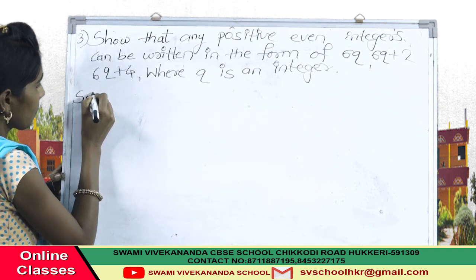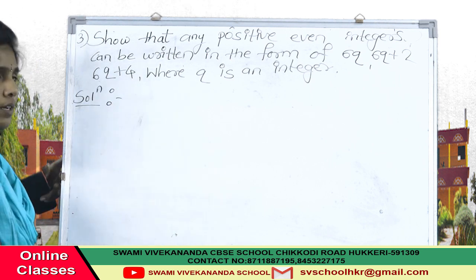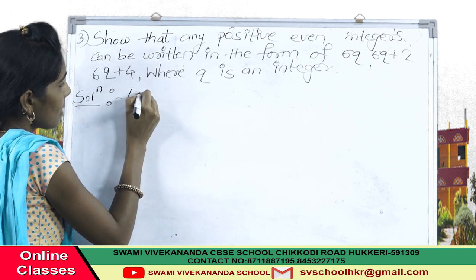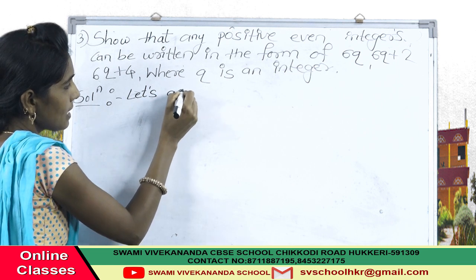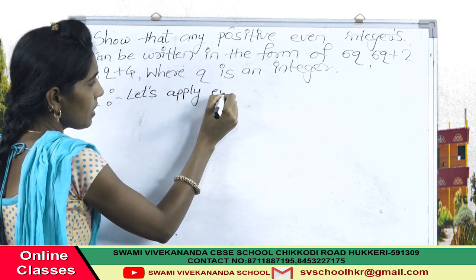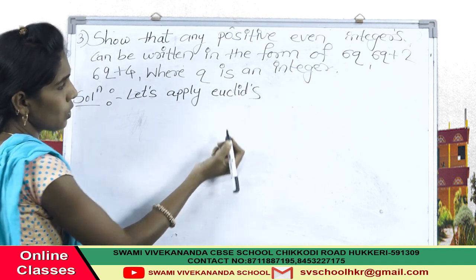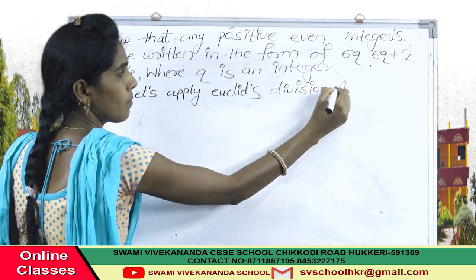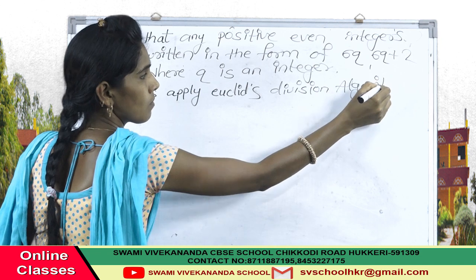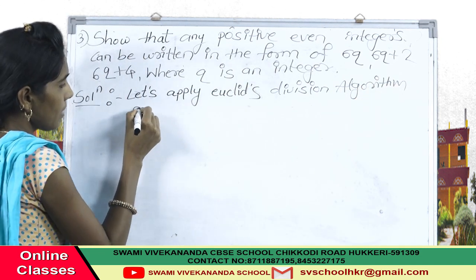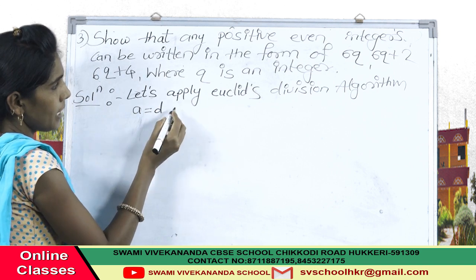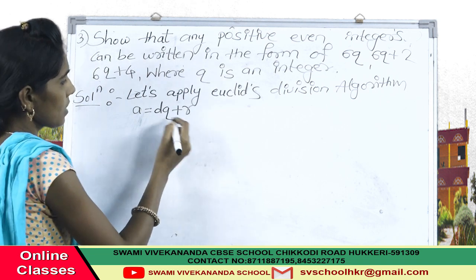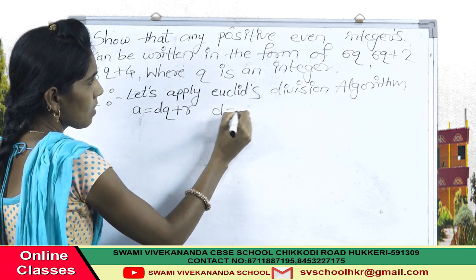Now the solution. Look here, Euclid's division algorithm. What did Euclid say? Let's apply Euclid's division algorithm. A is equal to D into Q plus R. Here D is equal to 6, given.